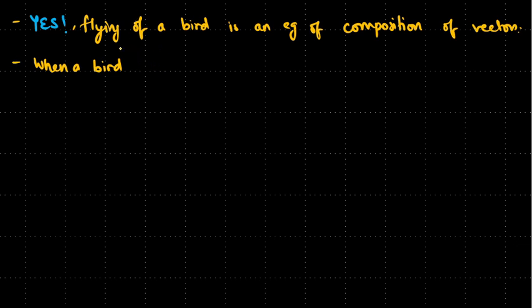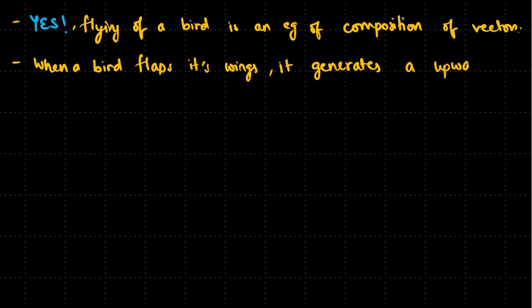So, when a bird flaps its wings, it generates an upward and forward motion.